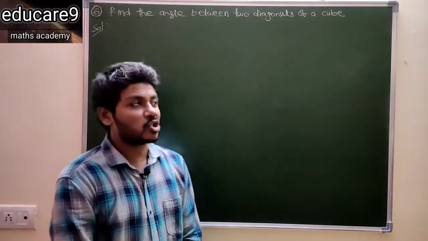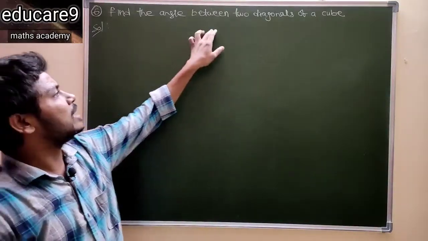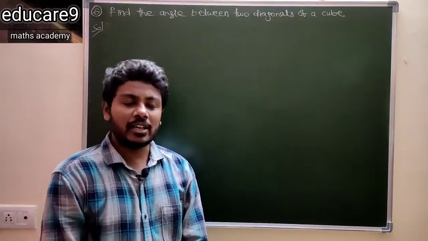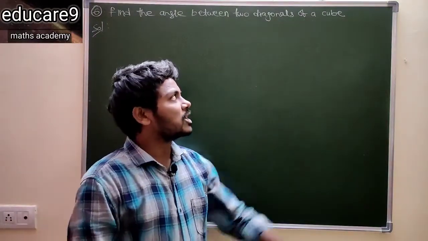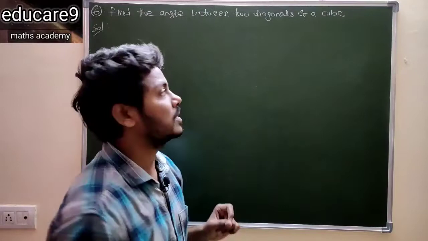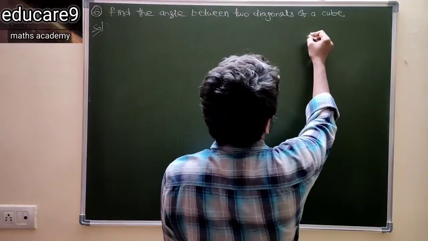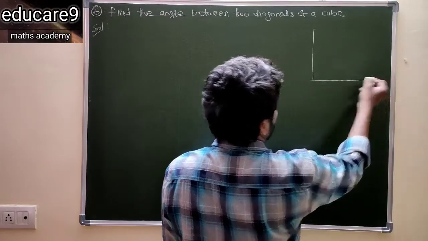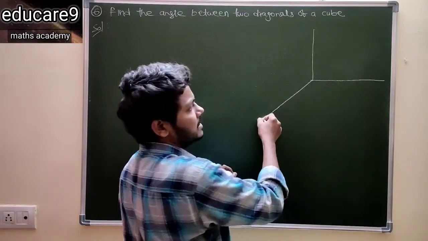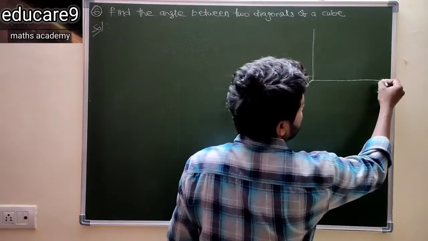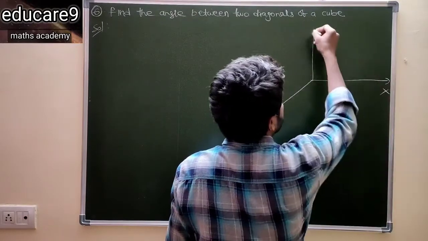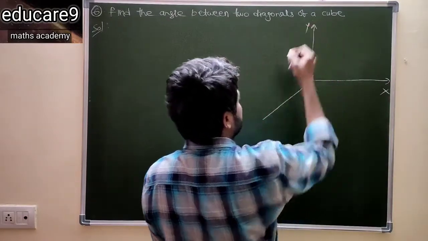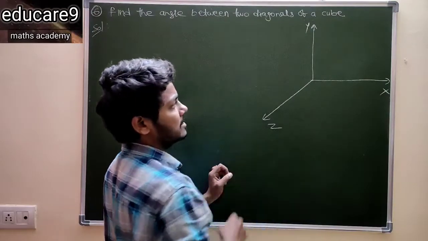So see the next, sixth question. Find the angle between two diagonals of a cube. So first we have to construct a cube. See here, this is the coordinate axis. Okay, so this is the x-axis, this is the y-axis, and this is the z-axis.